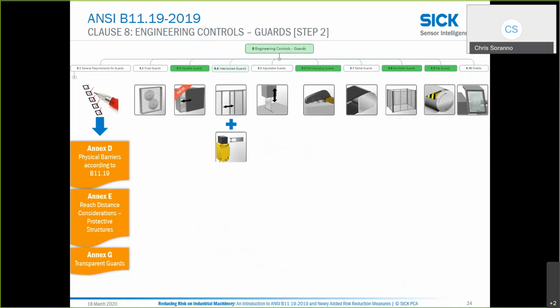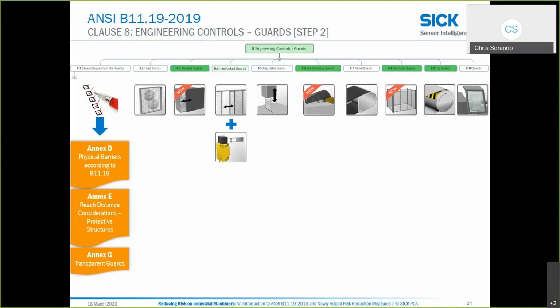We've added guidance for removable guards as their own type of entity, typically applied in low-risk applications. Movable guards with an interlock is referred to as an interlock guard. We had already included adjustable guards, but we've added self-adjusting guards. We know these exist in industry. It's important to acknowledge them and make sure that people think of these types of measures when trying to reduce risk.